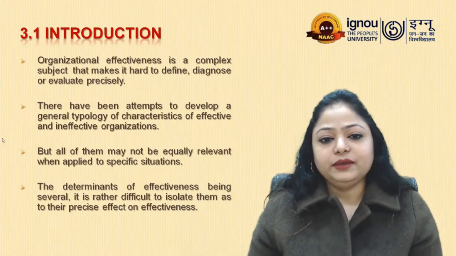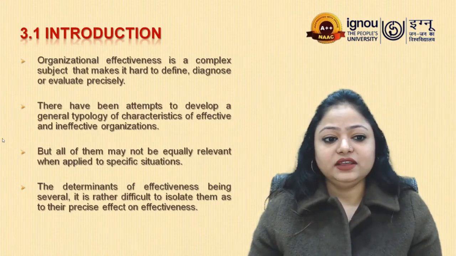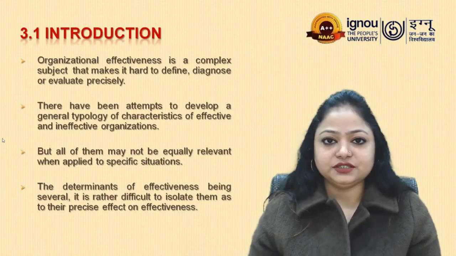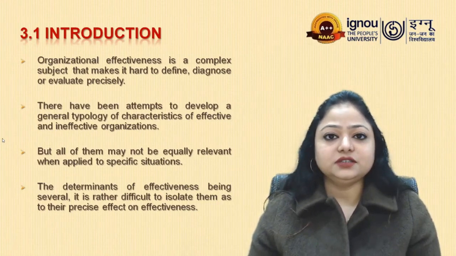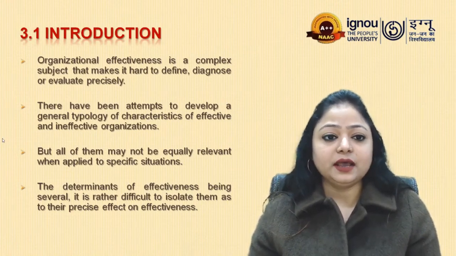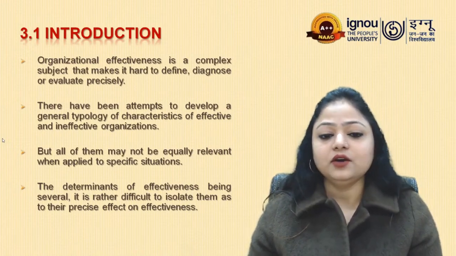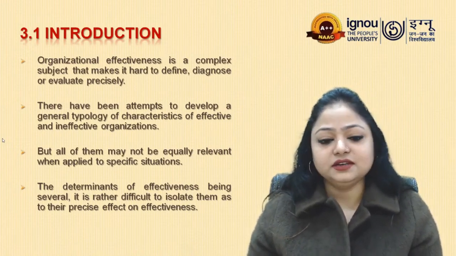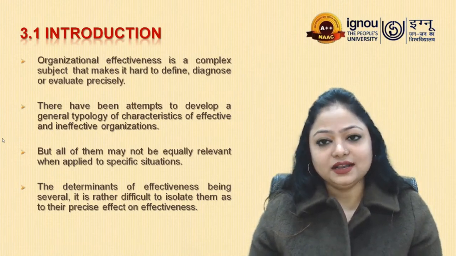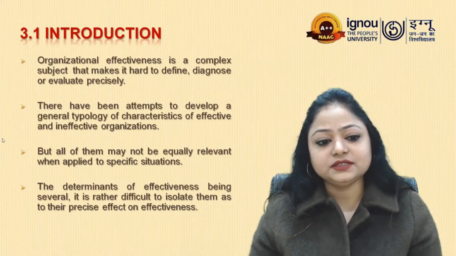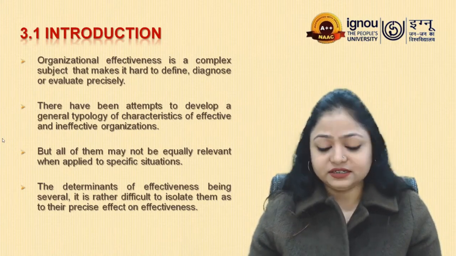But all of them may not be equally relevant when applied to a specific situation. So, depending upon the situation, each and every organization needs a different parameter or set of variables to decide whether it is effective or not. The determinants of effectiveness being several, it is rather difficult to isolate them as to their precise effect on the effectiveness.